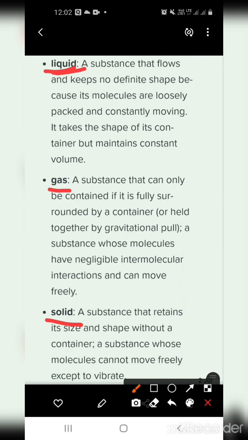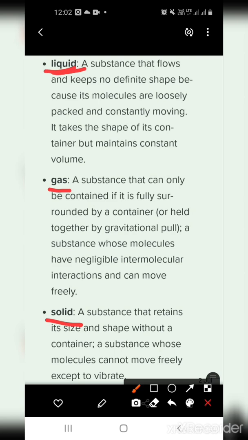And liquid is a substance that flows and keeps no definite shape because its molecules are loosely packed and constantly moving, right? They are loosely packed in comparison to the solids and they move freely.